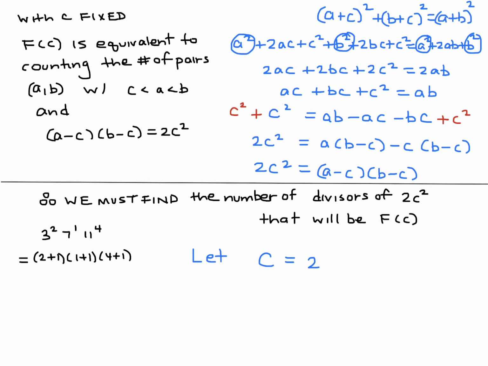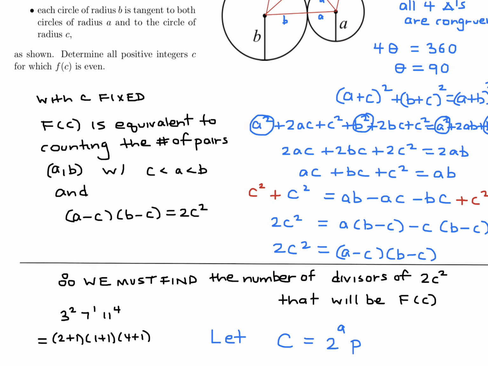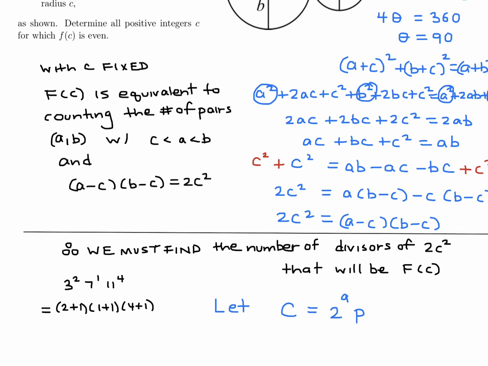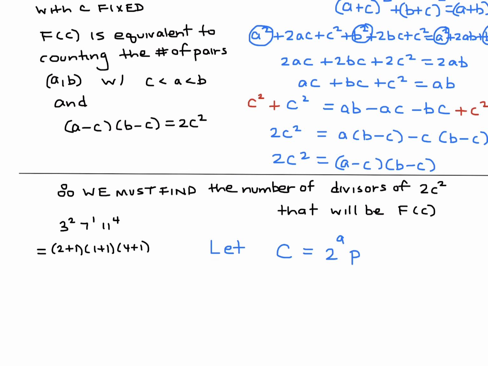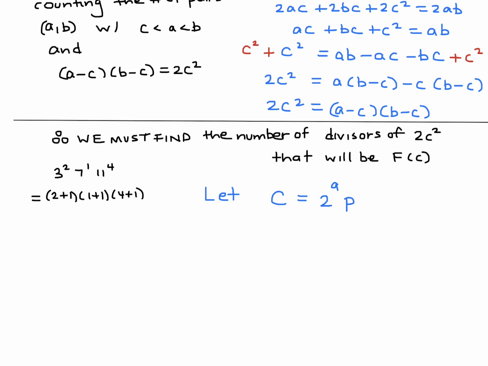The first prime factor is 2, so 2 to the power of a, then after that, some other numbers. 2 to the power of a, because they eventually want f at c to be even. So that makes me think that c has to have a factor of 2, and therefore we'll be able to get an even number of divisors for 2c squared.